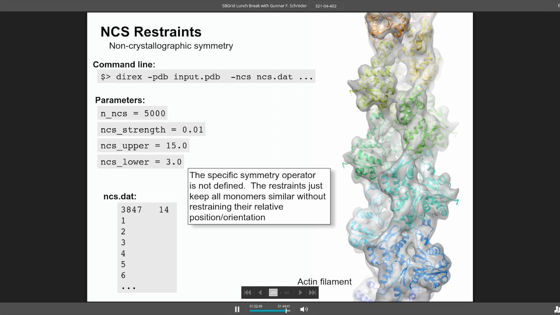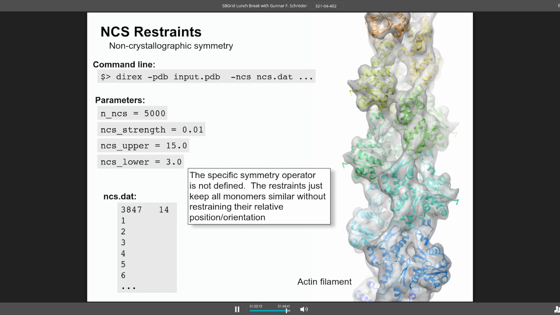And in a similar way, you can also define symmetry restraints. I call this NCS restraints because it's similar to the concept in crystallographic refinement. You don't define here a specific symmetry operator, so you cannot really say this domain is, I don't know, 10 angstrom away from that domain and rotated by this far.